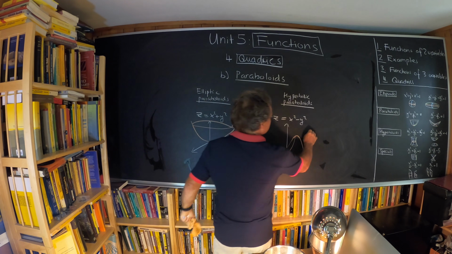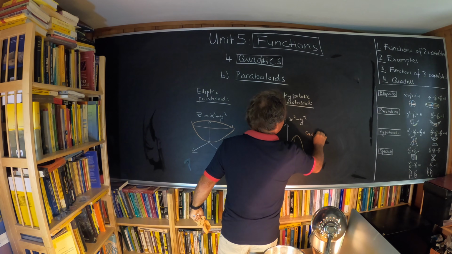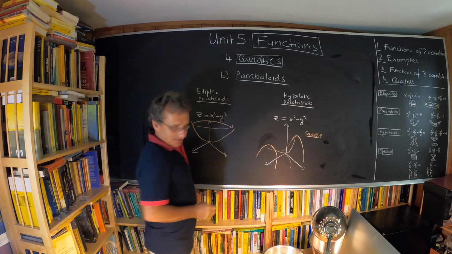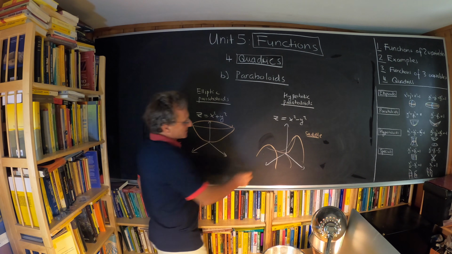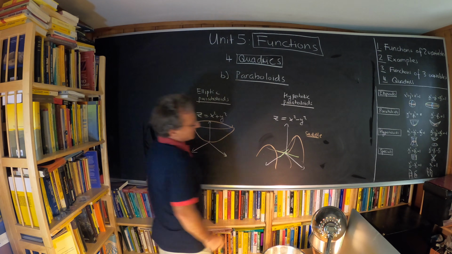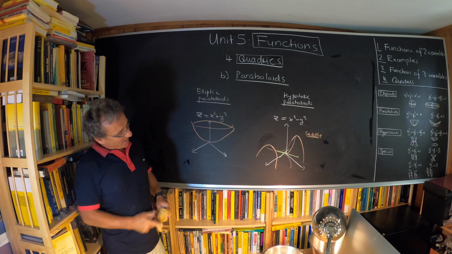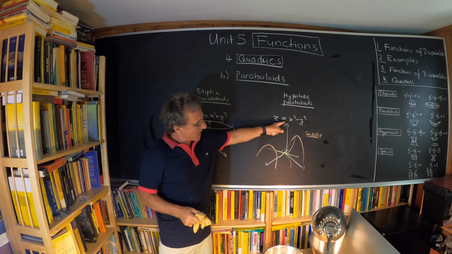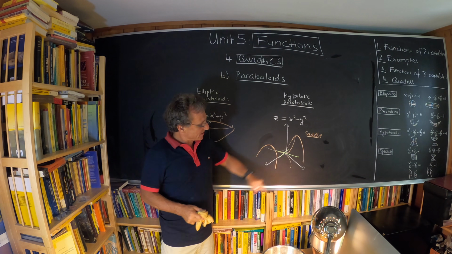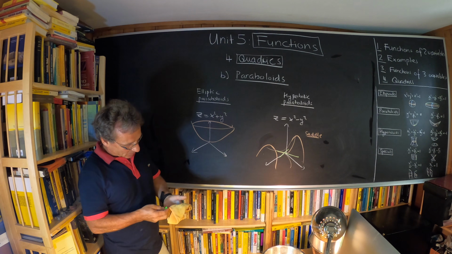So this is also a saddle. And we have seen already, in this case, there are these traces. When you intersect this hyperbolic paraboloid with z is equal to 0, you get this cross.